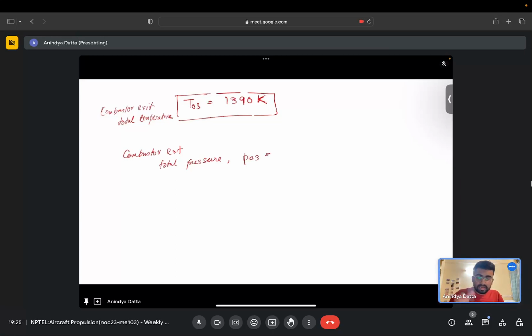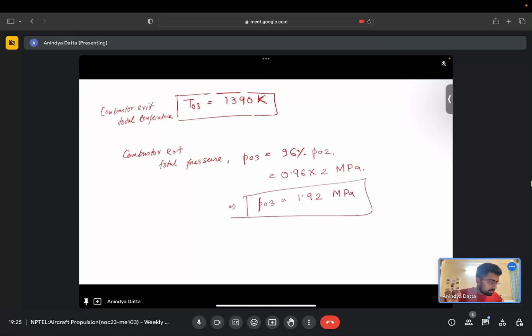As written in the question, it is 96% of the inlet pressure, which is P02, so 0.96 times the inlet pressure, which is given as 2 megapascal. So 0.96 into 2, we get P03 as 1.92 megapascal. All right, the last part is clear.